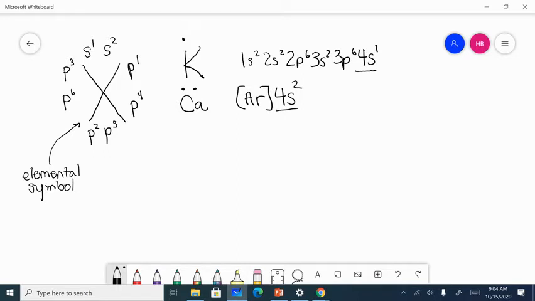Let's go over to gallium. His electron configuration is argon, because I backed up to the noble gas and I still get argon, and then 4s2, 3d10, 4p1.